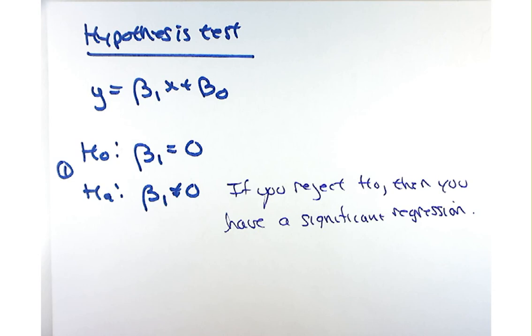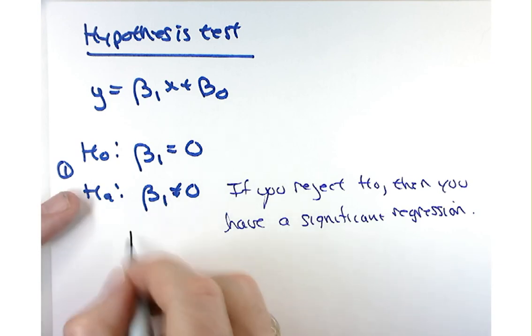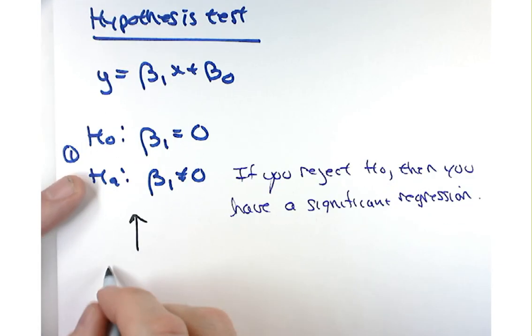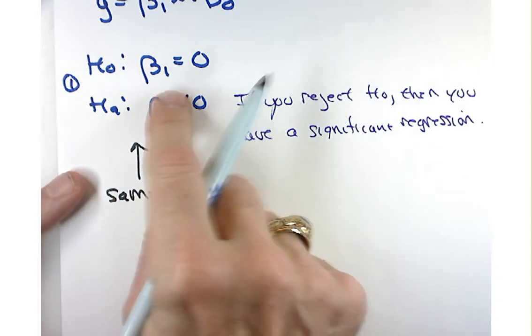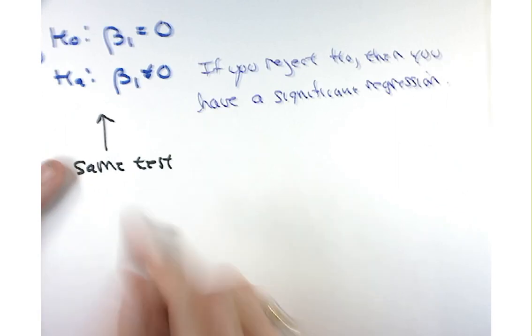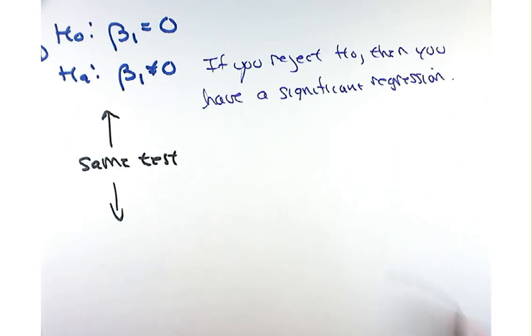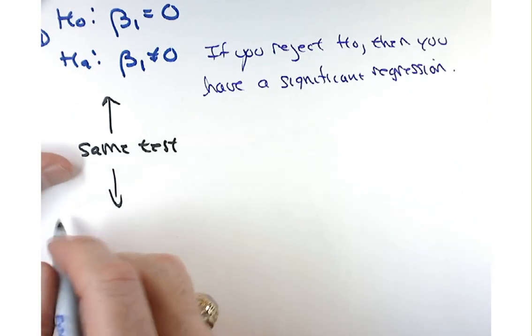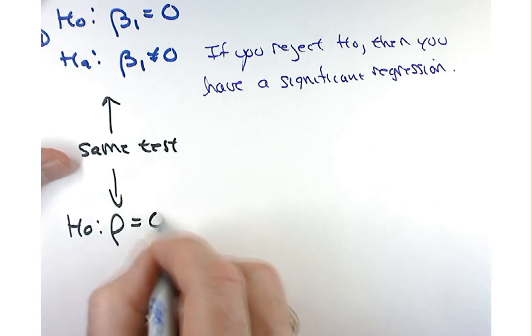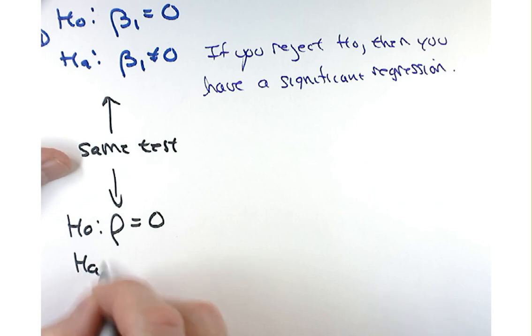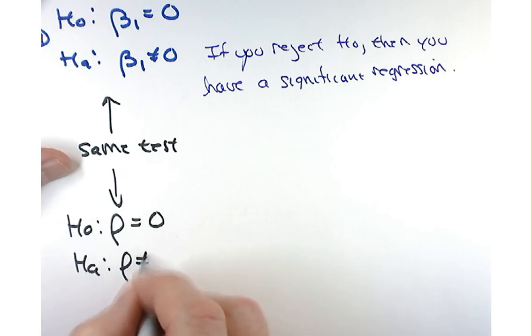By the way, as a brief aside, the hypothesis that we're testing in this section is tested with the same test statistic as what we had for the last section. For the last section, it was correlation equals 0 versus correlation different than 0.